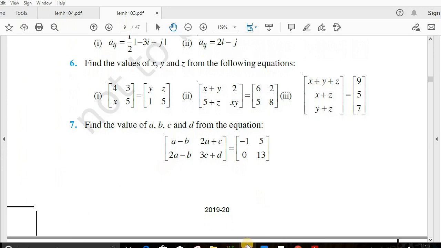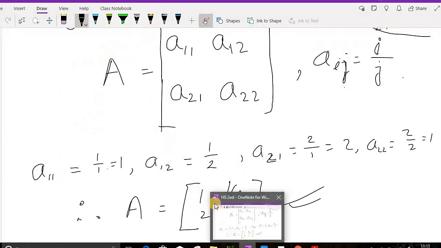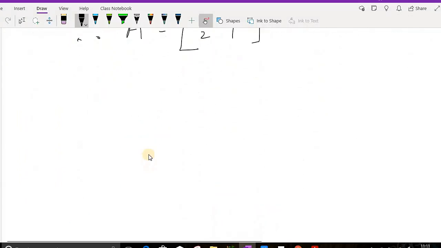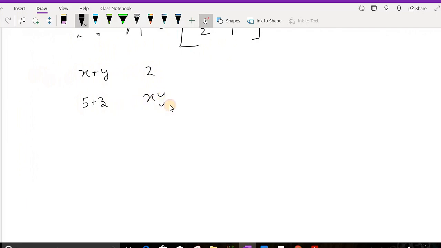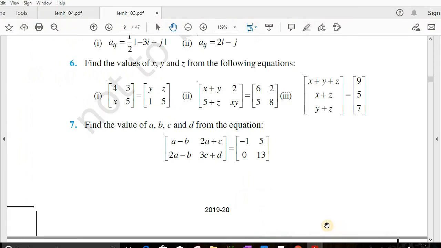So this is x plus y, 2, 5 plus z, x y, and this is 6, 2, 5, 8.